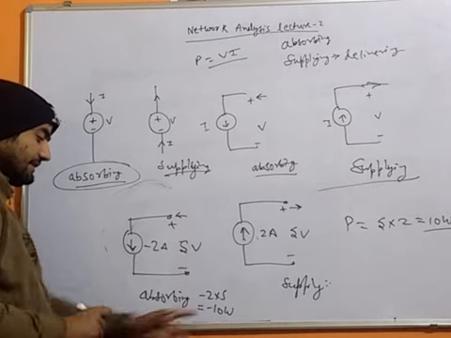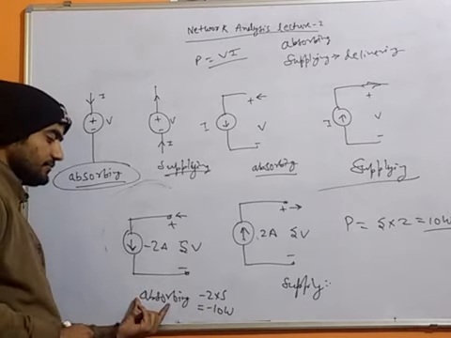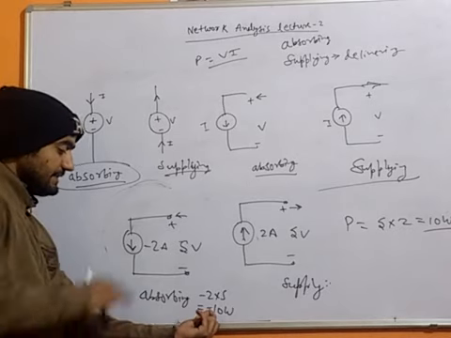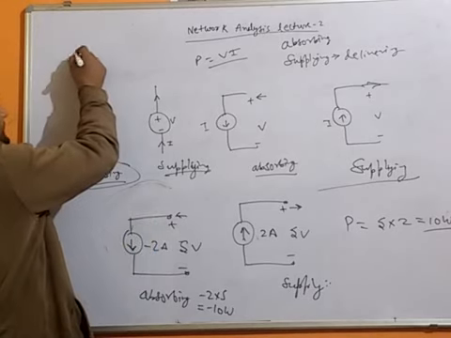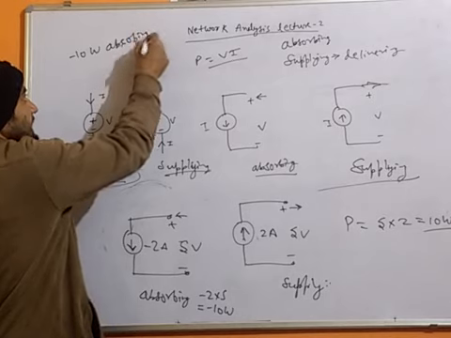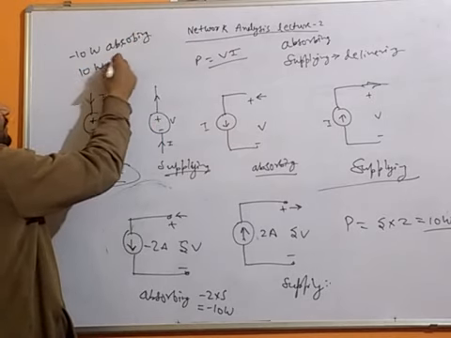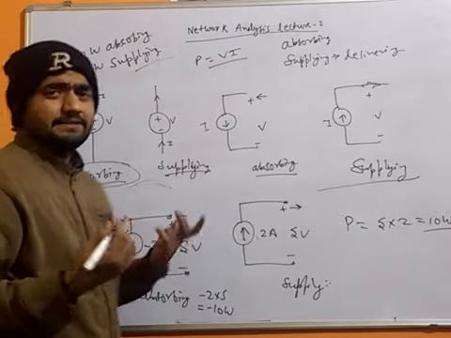Minus 10 watt absorbing means the opposite. Minus 10 watt absorbing is similar to 10 watt supplying. It is a simple thing.